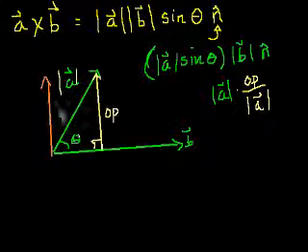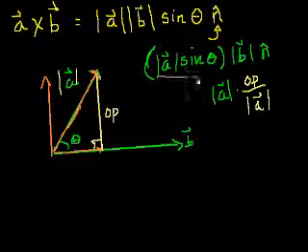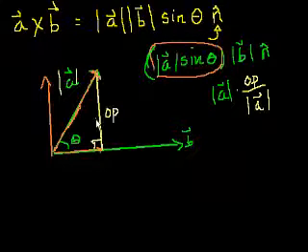Another way to think about it: we're used to splitting a vector up into x and y components, but now we're splitting vector A into a component that's parallel to vector B and a component that is perpendicular to vector B. So A sine theta is the magnitude of the component of vector A that is perpendicular to B.